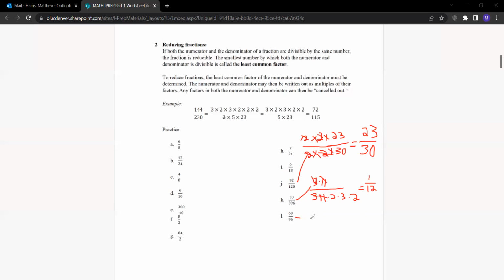So one more, and then we'll move on to another topic. So we have 60 over 96. So 60, you have 2 times 30, which is 2 times 15, which is 5 times 3. So 2 times 2 is 4, 5 is 20, times 3 is 60, perfect.